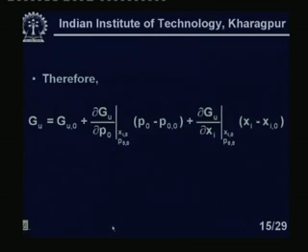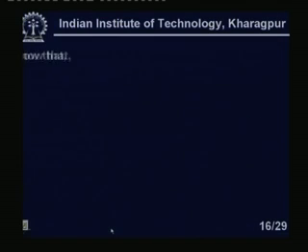Therefore, I can write GU equal to GU0 plus delta GU by delta P0 at Xi equal to Xi0, P0 equal to P0,0 multiplied by P0 minus P0,0, plus delta GU by delta Xi at Xi0, P0,0 multiplied by Xi minus Xi0.